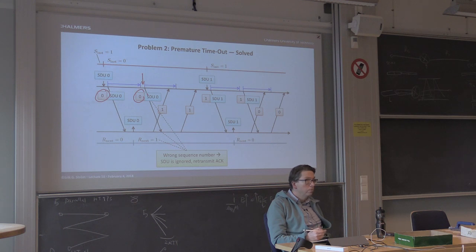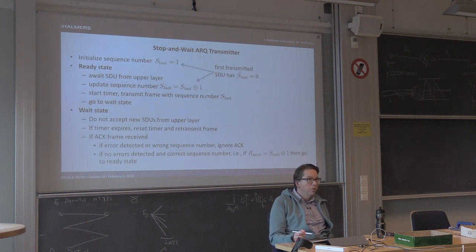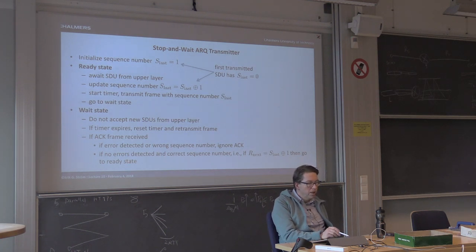Anything else? Okay. So now let's go through the logic here a little bit, or wrap everything up. So the stop and wait ARQ transmitter follows this logic. It has a state variable or sequence number, and it needs to be initiated. And let's assume that it's initiated to 1 here, which means that R next needs to be 0 at the receiver.